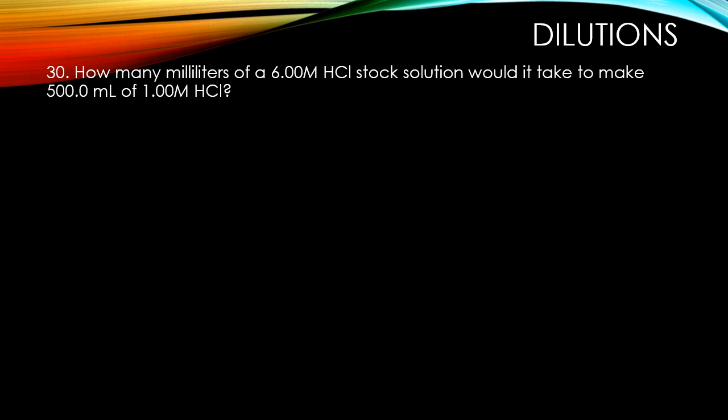How many milliliters of a 6 molar hydrochloric acid stock solution would it take to make 500 milliliters of a 1 molar hydrochloric acid solution? So this time I'm looking for V1. Milliliters of my M1, my V2, my M2.